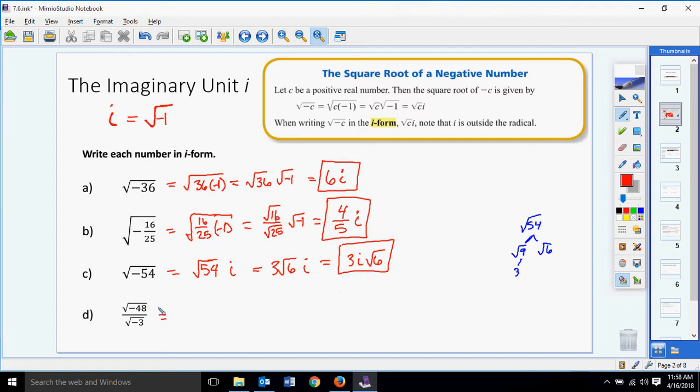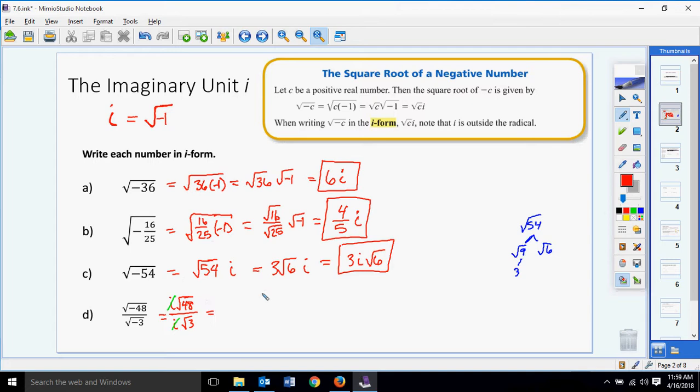Down below, up top, I have the square root of 48 times the square root of -1, which would just be i. Down below, I have the square root of 3 times the square root of -1, which would just be i. Notice that I have an i in the top and an i in the bottom. Those are going to cancel. They divide out; i divided by i is 1. They're not there anymore.